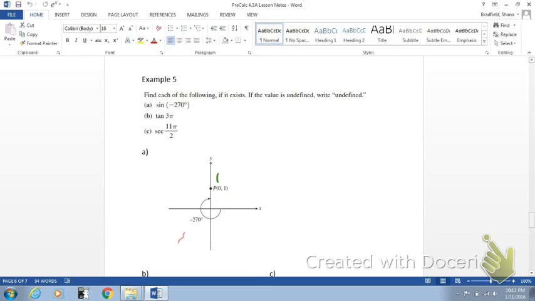So this is my x and this is my y, and if I solve for r, I would have the square root of 0 plus 1 squared, and so that gives me the square root of 1, which is 1. So I've got r is 1.